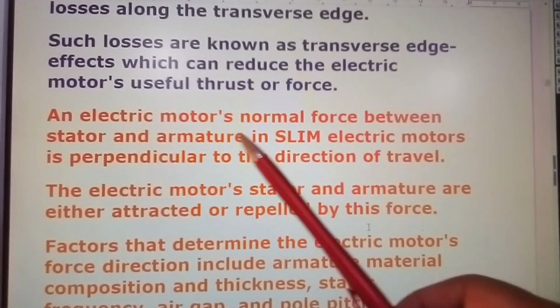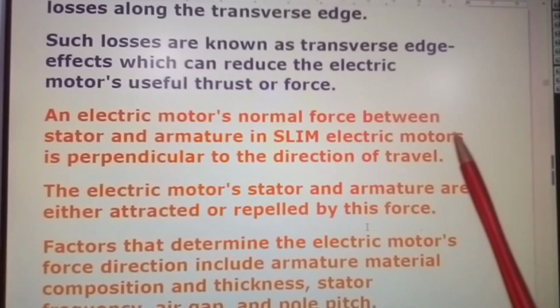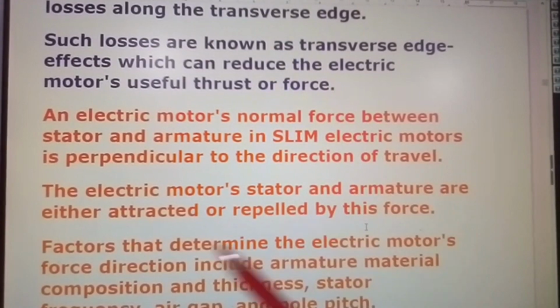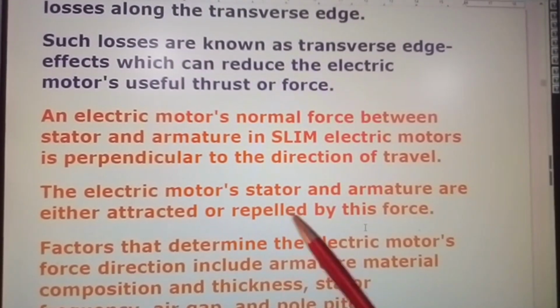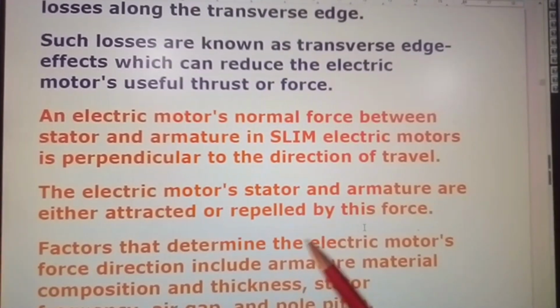An electric motor's normal force between stator and armature in slim electric motors is perpendicular to the direction of travel. The electric motor's stator and armature are either attracted or repelled by this force.